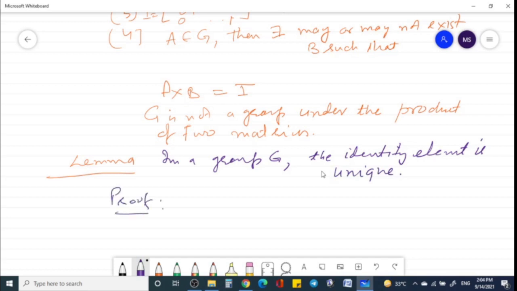If we take two identity elements, let E1 and E2 belonging to G be two identity elements.